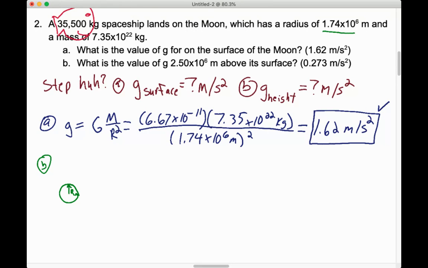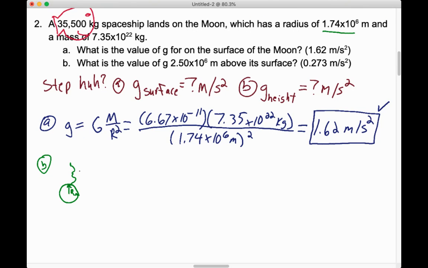In part B, we're at some pretty big height above the surface. It's bigger than that number. So we're going to be at some height here. That looks good. So here's where we are for part B.